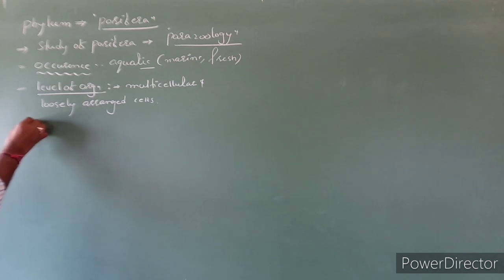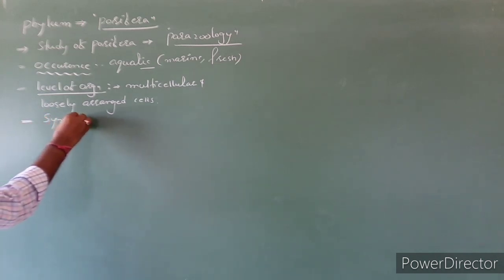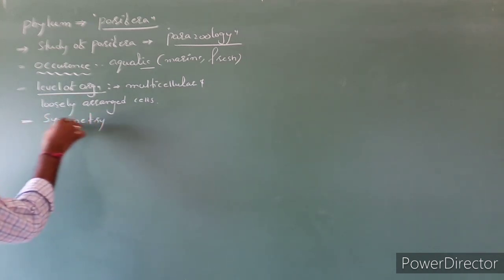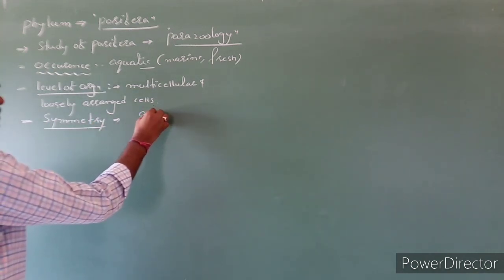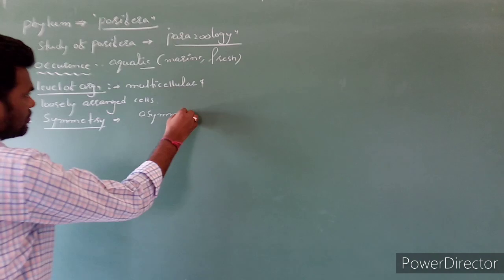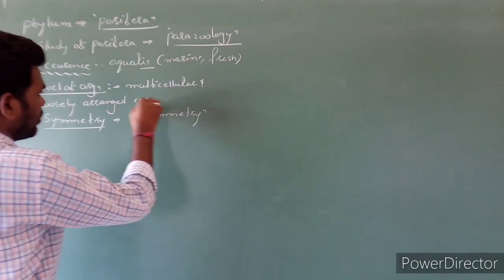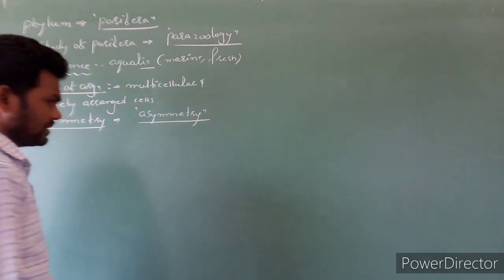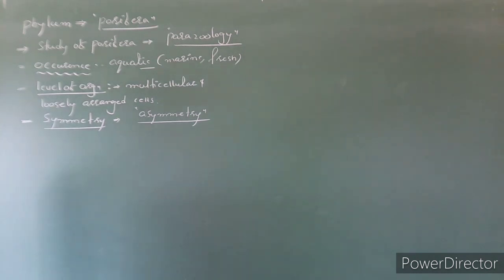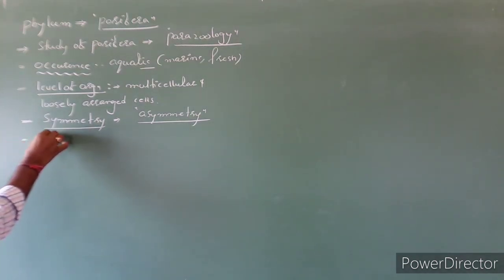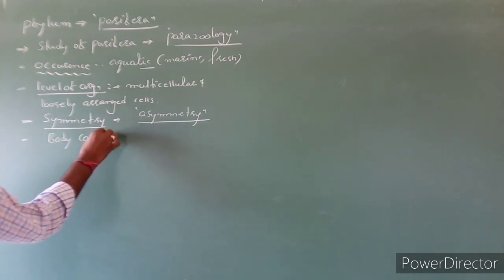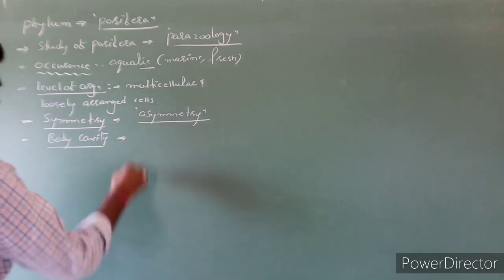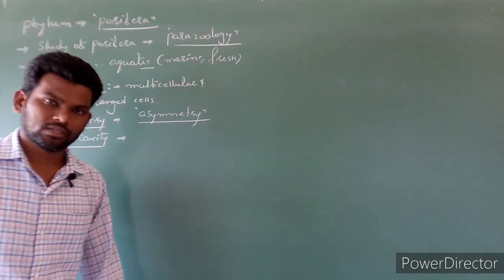Next, symmetry. Symmetry is asymmetry. You know already the definition of asymmetry; in the last class we discussed it. Clear? Next character is body cavity. Body cavity is nothing but coelom.